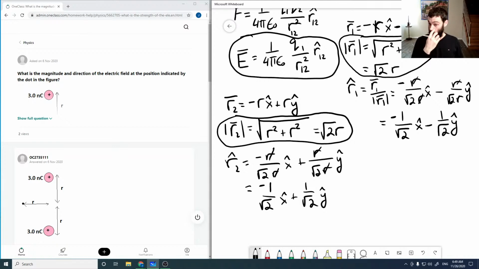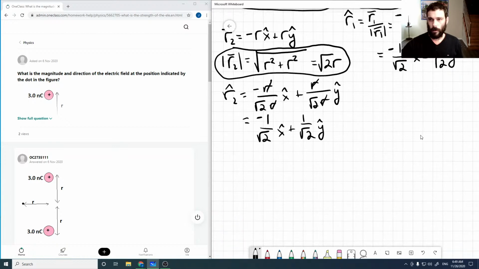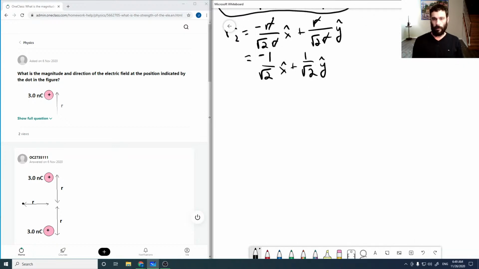Alright, so now it's going to be helpful to collect everything we need. So I'm just going to move up everything here. We have that our electric field due to a charge is 1 over 4 pi epsilon naught times the charge over r12 squared times r12 hat.